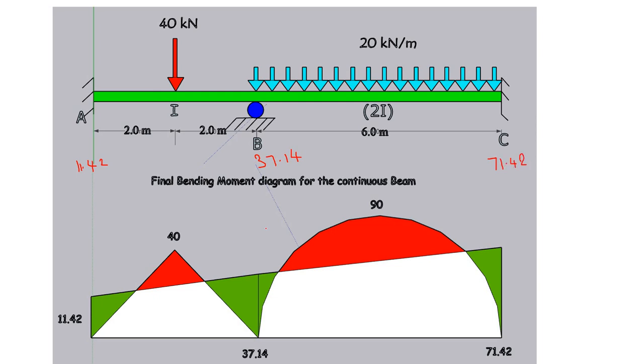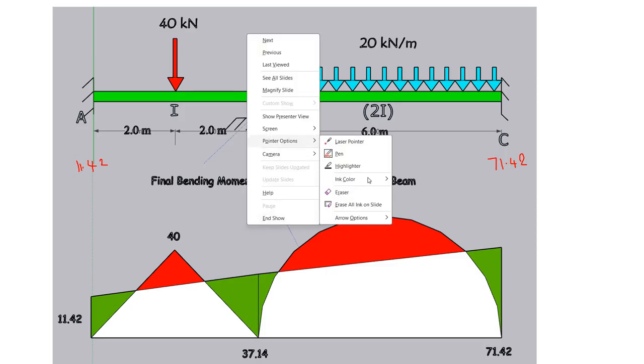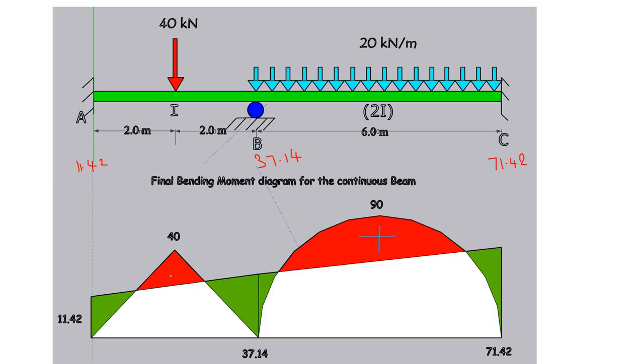So overlapping these two diagrams, due to final moment which was obtained from slope deflection equation, and considering the beam as simply supported beam, we had two spans AB and BC, and because of that we evaluated this 40 and 90, and you overlap them, you get the final diagram. This moment here is positive, this is positive and this is positive, this is negative, this is negative and this is negative.